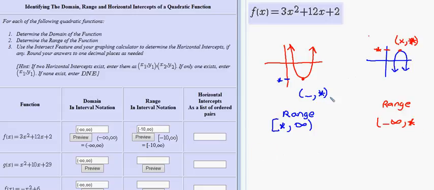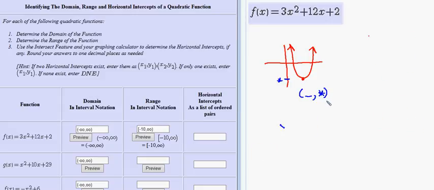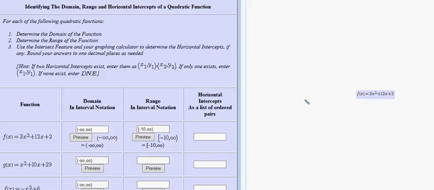Remember, if you're trying to find where the graph crosses the horizontal axis, which is the x-axis, here we have the horizontal axis, and we need to find where the graph crosses that axis.